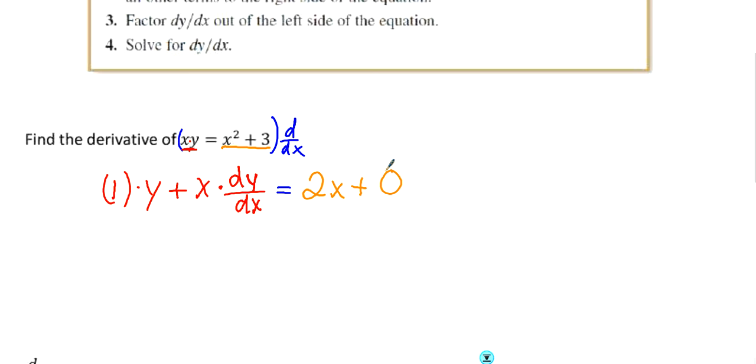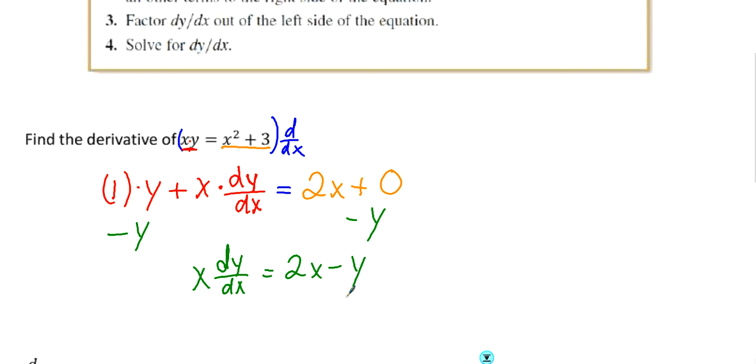Now, we've taken our derivative with respect to x on both sides. Now what we're going to do is move any terms that don't have dy over dx to the right. So right here, I'm going to subtract y on both sides. When I do that, I get x dy over dx equals 2x minus y.